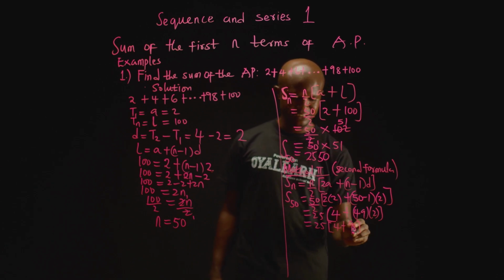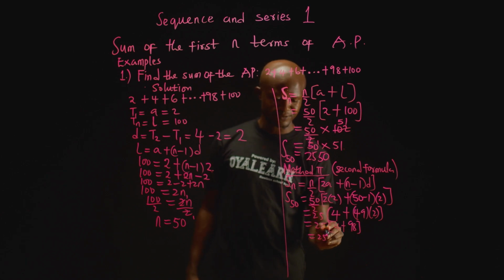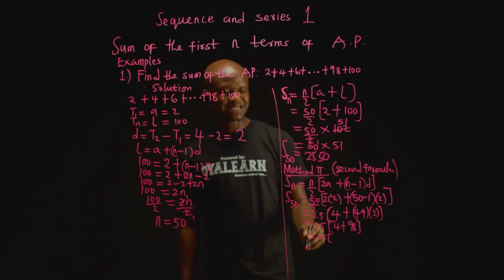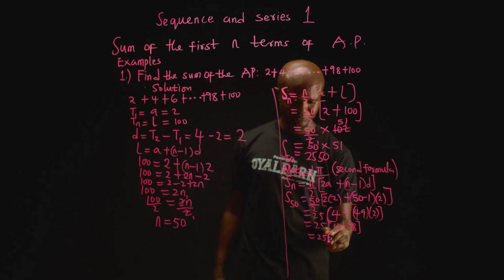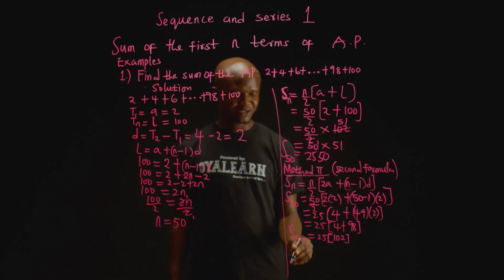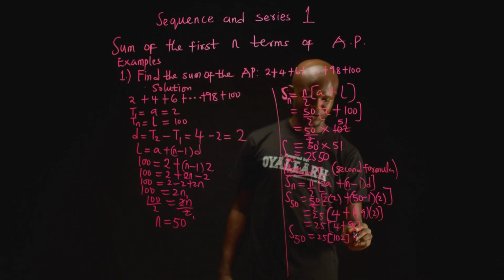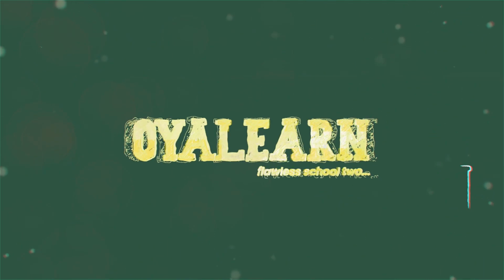Then from here we have 25 times 98 plus 4, that will give us 102. That's 102. S50. And 102 times 25 will give us 2,550. So that is the sum of the AP. Thank you.